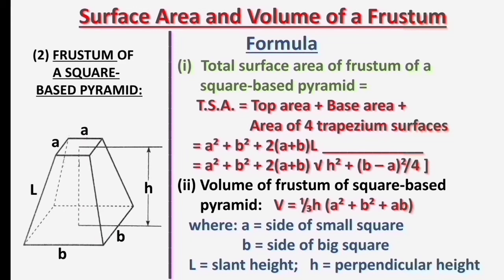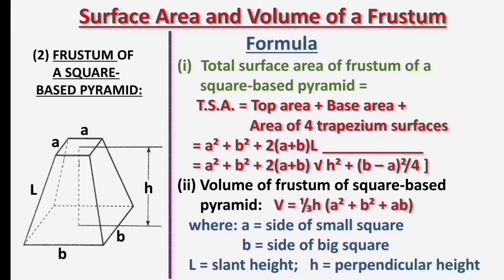This will give the total surface area as a squared plus b squared plus 2 into (a plus b) times the slant height.